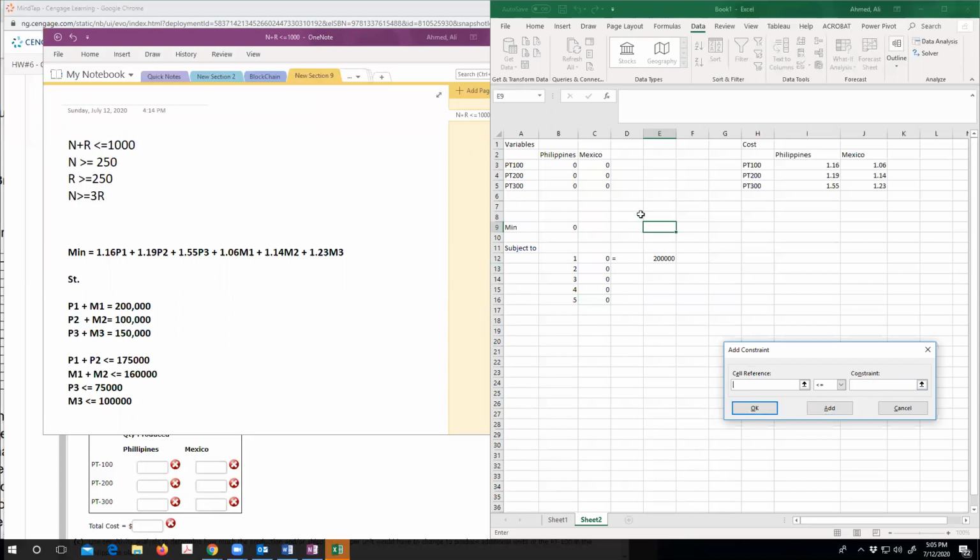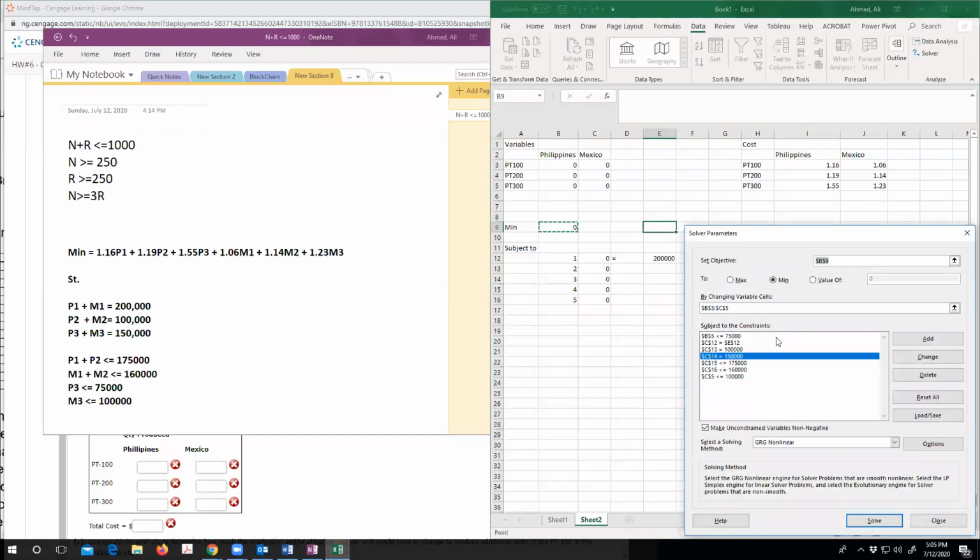Then P3, which is just this cell, has to be less than 75,000. Adding the last one, this cell, M3, is less than 100,000. These are all the constraints, I believe. We can change this to simplex method and press solve.